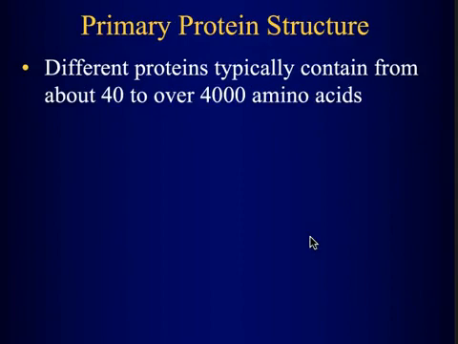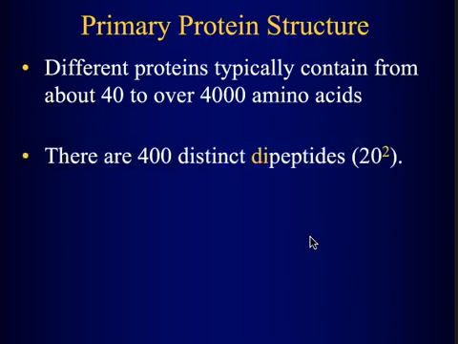Different proteins typically contain from 40 to 4,000 amino acids. And there are about 400 distinct dipeptides. Dipeptides mean literally just 2 amino acids put together.